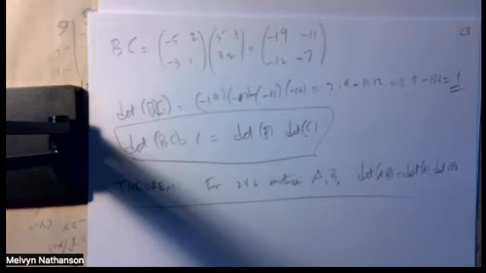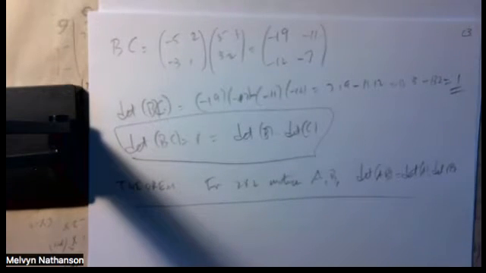Now, we saw with 2 by 2 matrices that there's a multiplication, matrix multiplication, that's associative, and there's an identity element, which is the identity matrix.